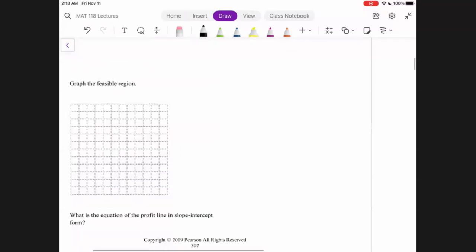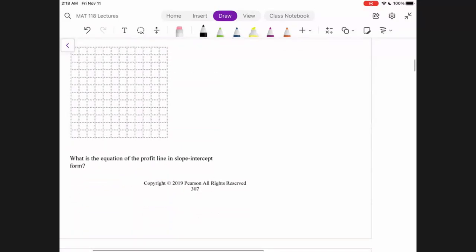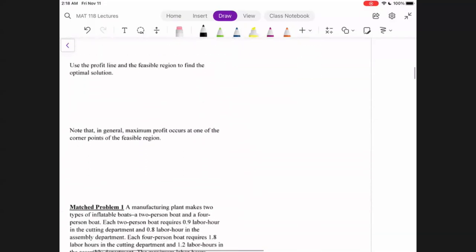Then you want to graph. And then, what is the equation of the profit line in slope-intercept form? Then it wants you to use that to graph the feasible region and find the optimal solution, and in general, when does it occur? So there's a lot to do here.